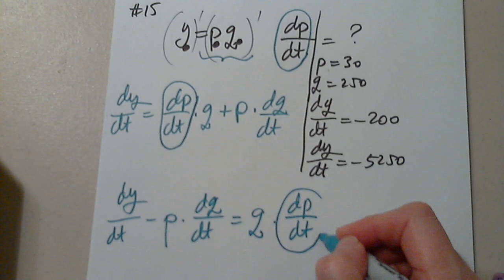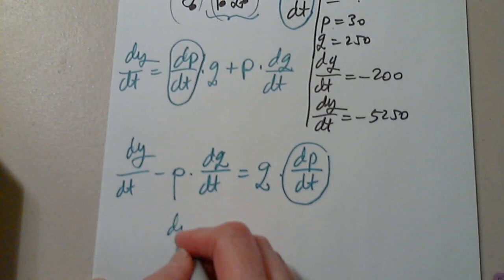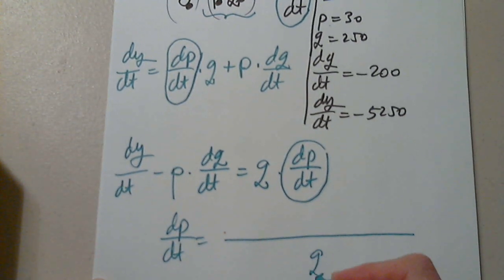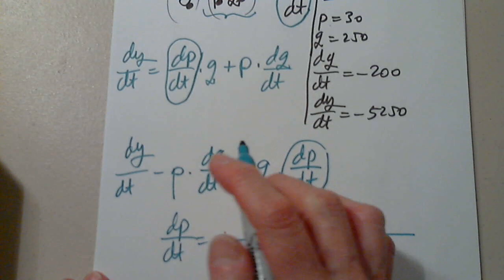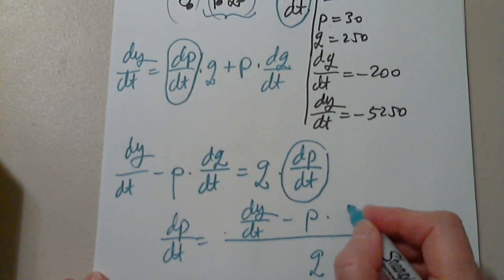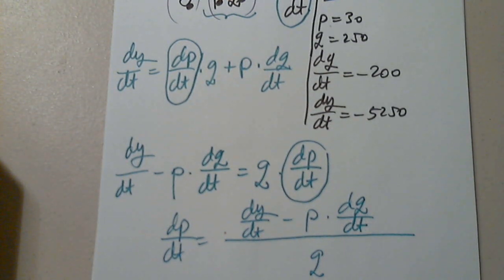I'm solving for this, divided both sides by q. So dp over dt equals dy over dt minus p times dq over dt, divided by q. This part is just algebra.